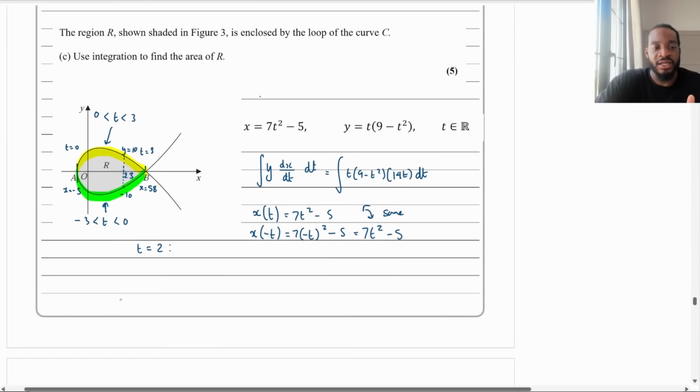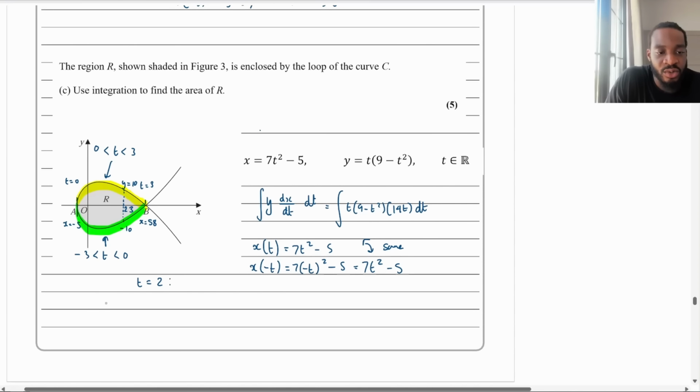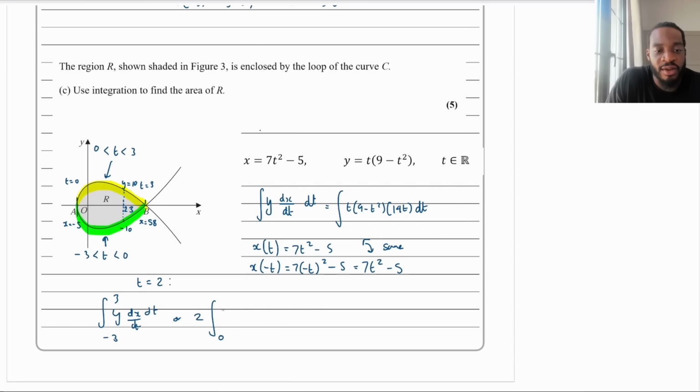So essentially, the answer to the question is going to be equal to the integral of y dx/dt dt. You can either integrate between minus 3 and 3, or you could integrate between 0 and 3 and then double it, right? Or even minus 3 and 0 as well, same thing. So what I'm going to do is integrate between 0 and 3 and double it, okay?